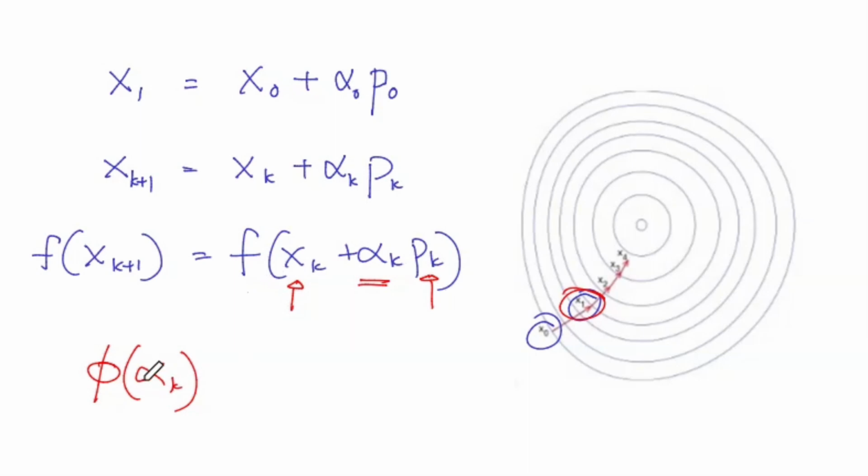This function phi is equivalent to f of s_k plus alpha_k p_k. They are equal, but now we consider alpha as the variable.